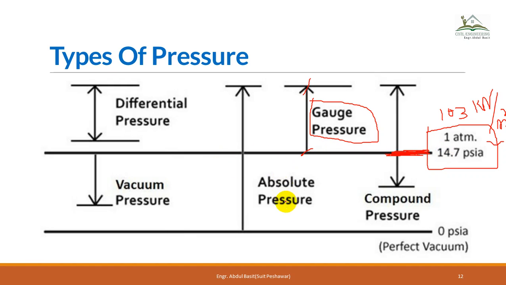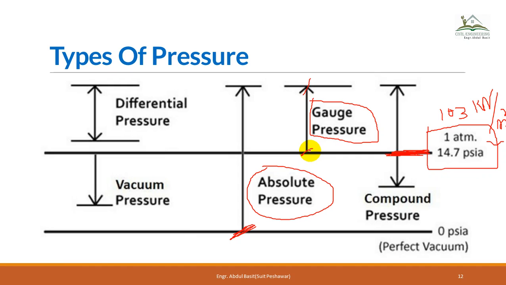Whenever we are measuring pressure from zero, from 0 psi, to any point, this will be called absolute pressure. So absolute pressure is measured relative to absolute zero, and gauge pressure is measured relative to atmospheric pressure.